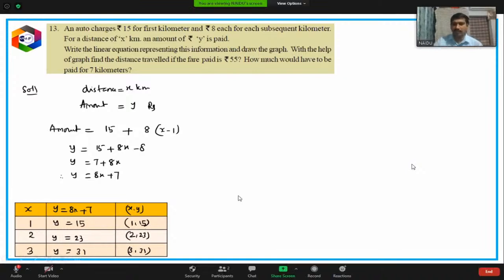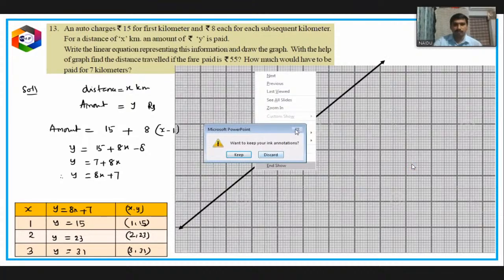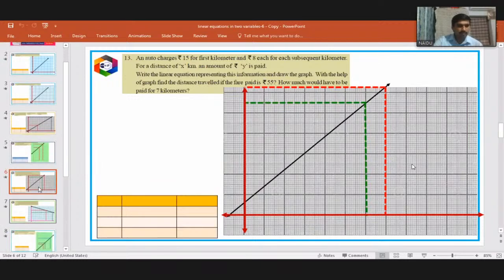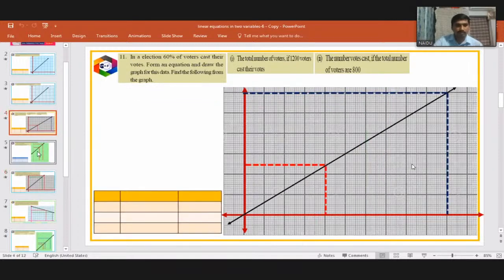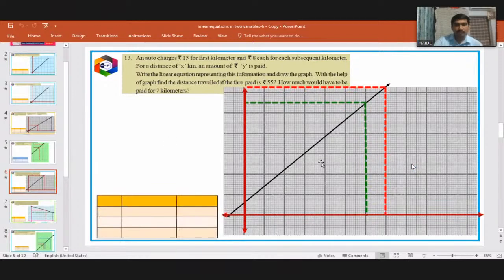So before that, let us take the graph here, children. So this is the graph on the x-axis. Sorry, a small mistake. Yes, children.